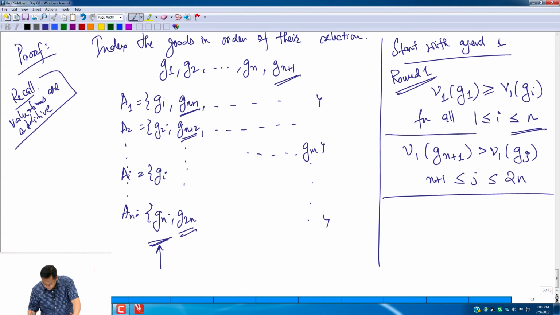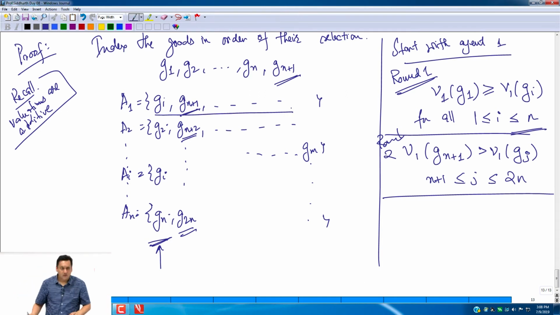And this is round 2. Fine. So good by good, if you go down this list, agent 1 is quite happy. It was always getting to pick its best, its first choice.